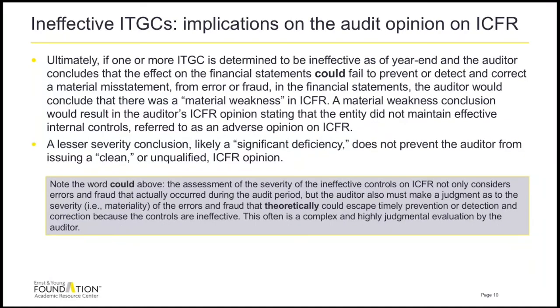A material weakness conclusion would result in the auditor's ICFR opinion stating that the entity did not maintain effective internal controls, referred to as an adverse opinion on the ICFR. A lesser severity conclusion, likely a significant deficiency, does not prevent the auditor from issuing a clean or unqualified ICFR opinion.